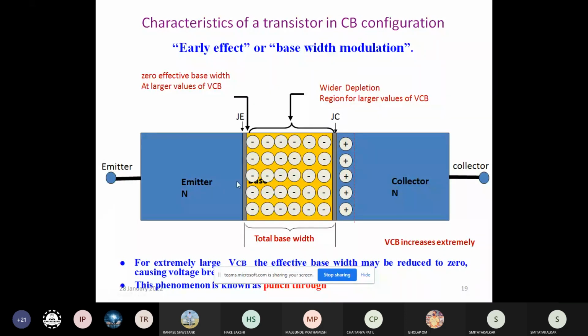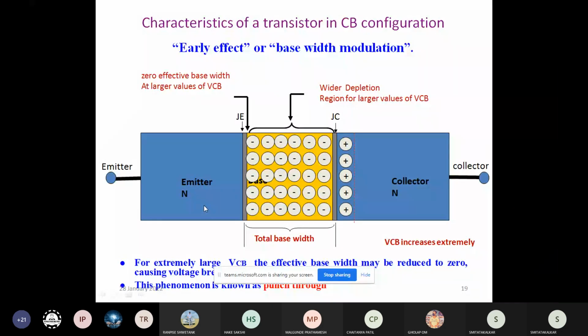In the p region, a negative charge is created, and in the n region, a negative charge is created at the collector terminal. Some electrons and some holes are added at the collector terminal, but a single hole will not be diffused into the emitter terminal.